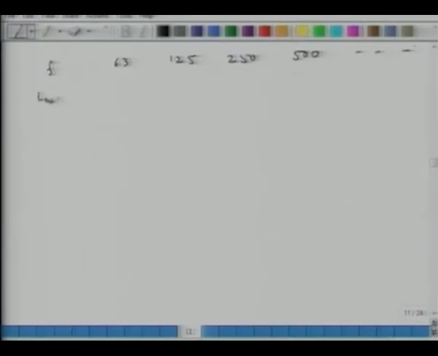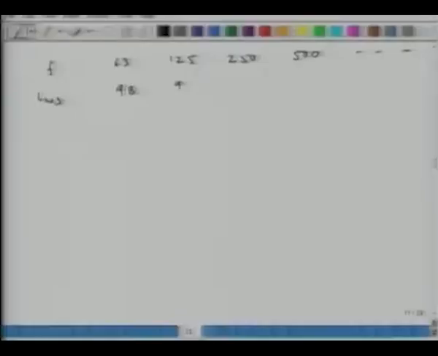My LWS for this fan is what? Can you give me the numbers? At 63 hertz: 98, 98, 88, 81, 81, and so on and so forth, right? Then my LWS plus 16.